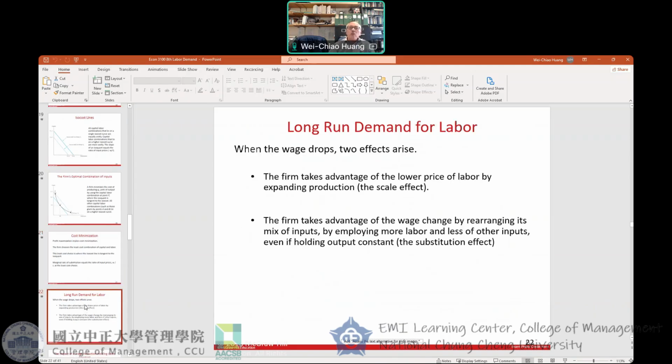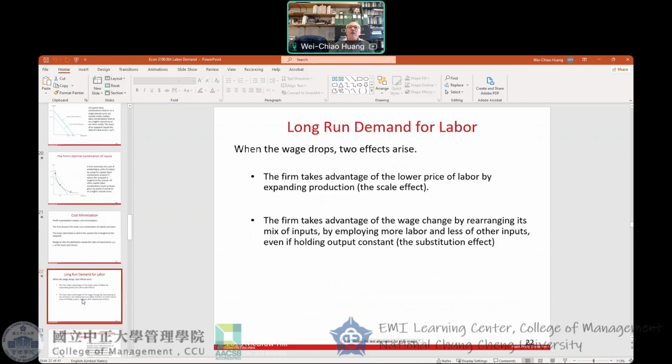And then we expand the analysis from cost minimization to profit maximization in the analysis of the long-run demand for labor.